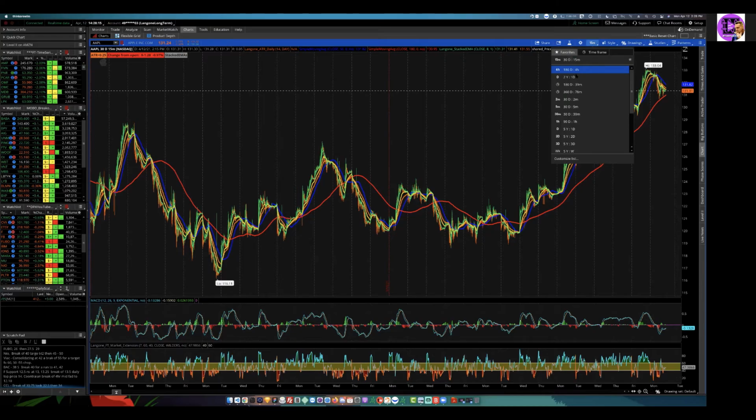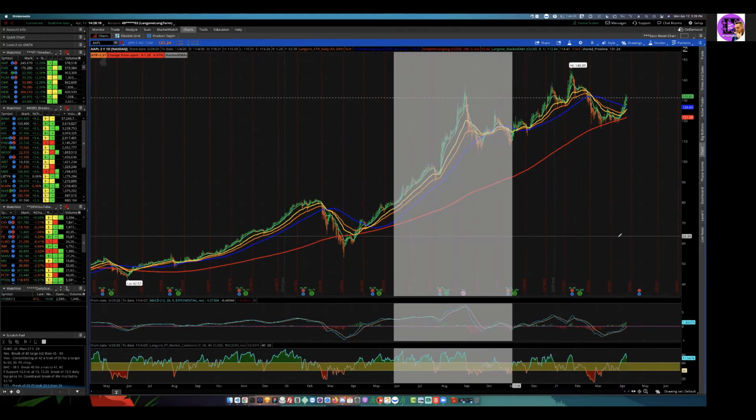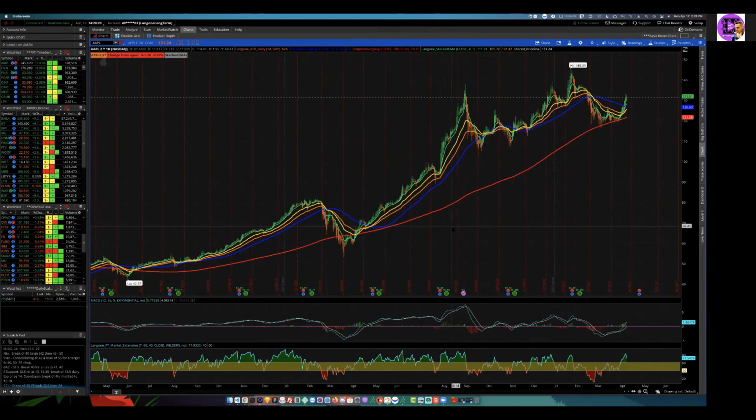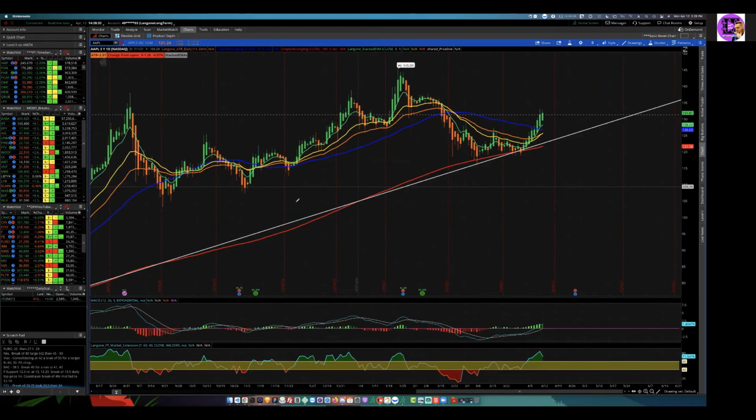Apple on the daily. Just get some information here. Ooh. So you can see it sold off. We came down, we found support at the 200-day SMA.